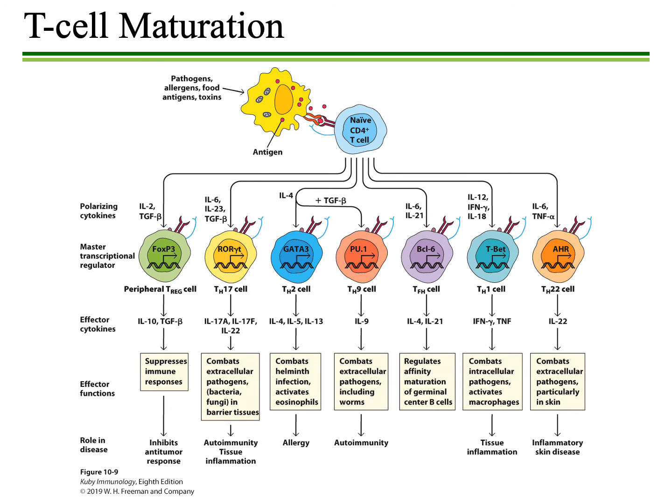The next one combats helminth infections, which are worms, and activates eosinophils. Again, you can see there are some specialties associated with each of the different classes of helper T cells. But again, for our purposes, we will lump helper T cells together as a group or a family of cells that produce cytokines to help the immune response.